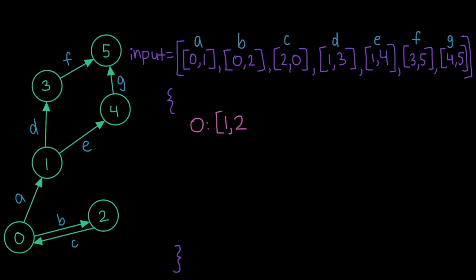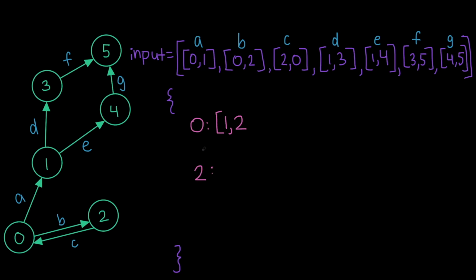So what this is telling us is that we can start at node 2 and end at node 0. This is a bit interesting. Remember, this is the reverse of when we went from 0 to 2. So what we'll do is come down in our hash map and add an entry for 2.